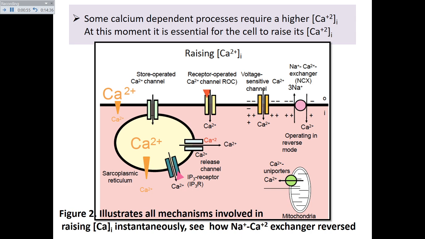During activity, contraction, we have the store operated, receptor operated, and voltage sensitive channels. They bring calcium to inside the cell, and the sodium calcium exchanger, as we said, can reverse.